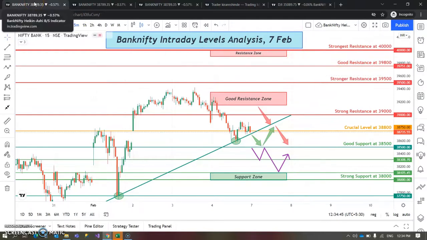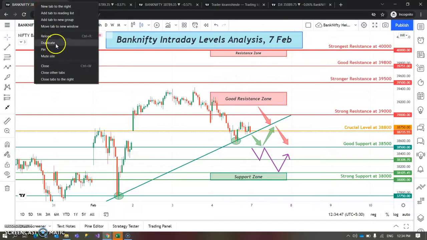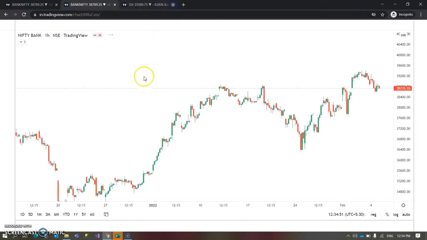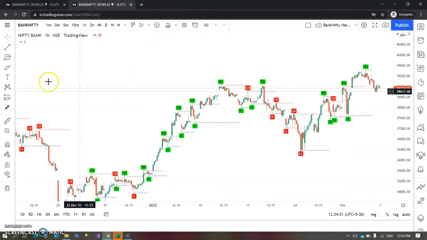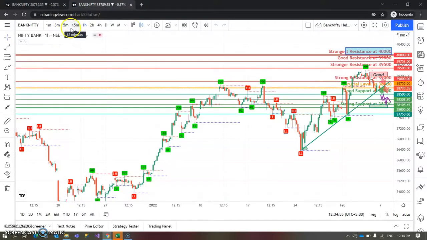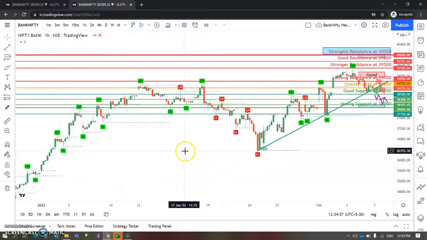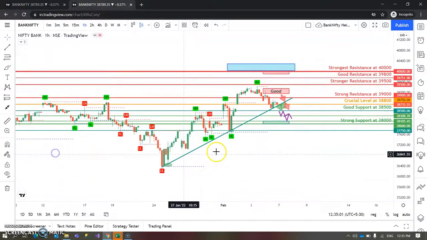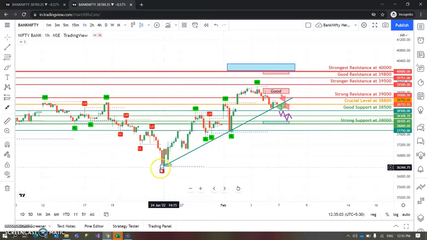Next thing I wanted to share is regarding the trend line. Let it load. I will show you in a 15 minutes time frame. You can clearly identify the trend line which I have drawn. It has taken support more than 3 times.